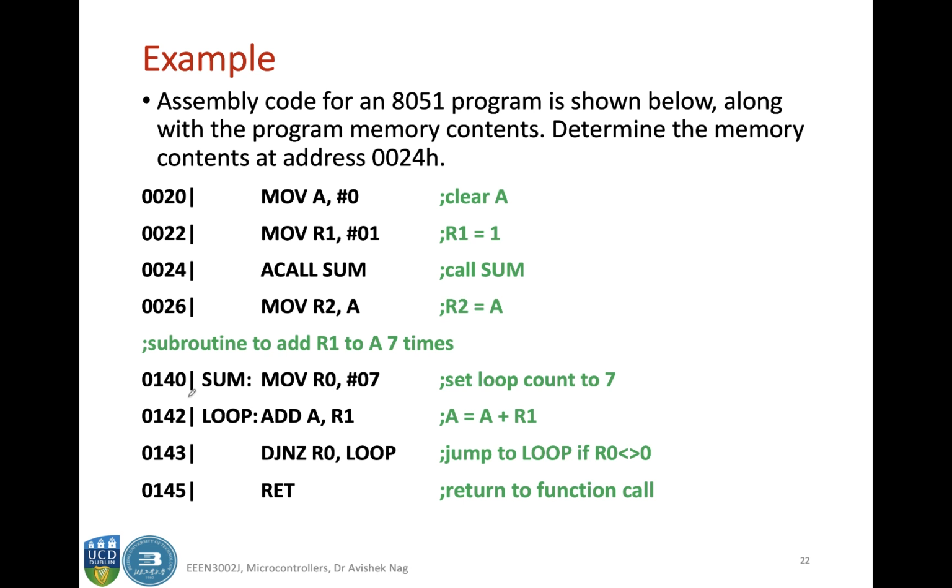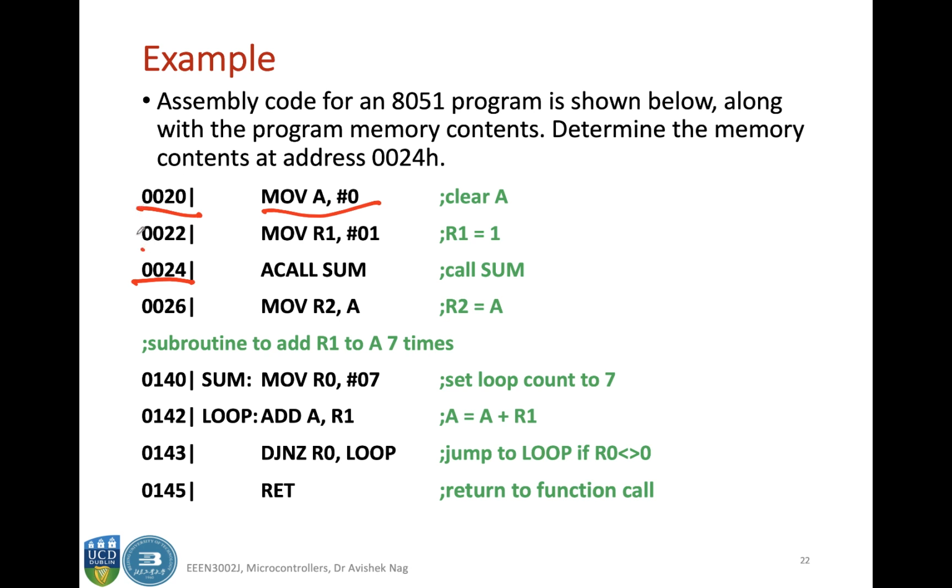So now let's do another example to get our concepts of this ACALL a little firmer. So here is the program, and it starts from 0020. So the first 2 bytes are these.